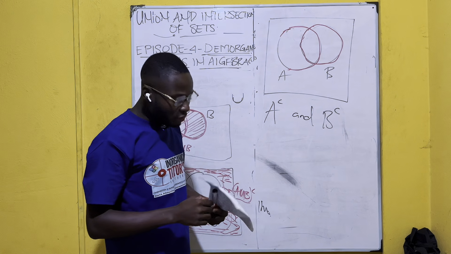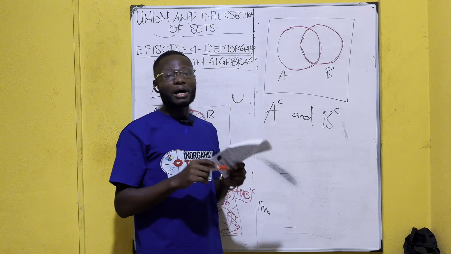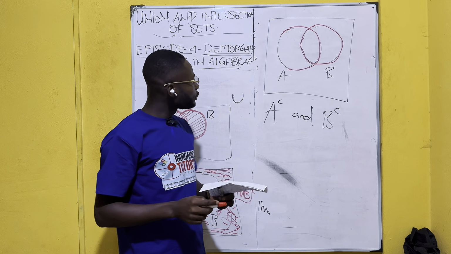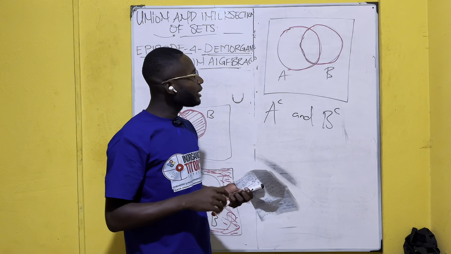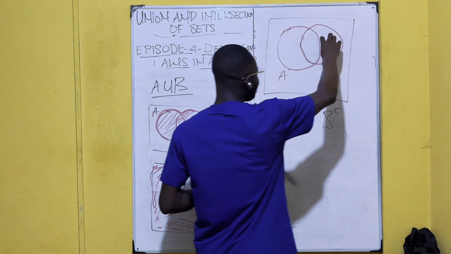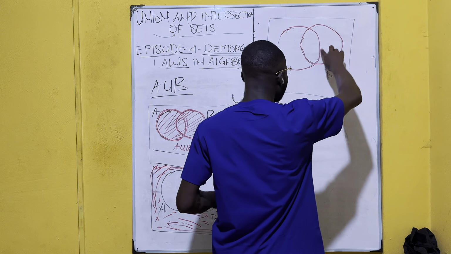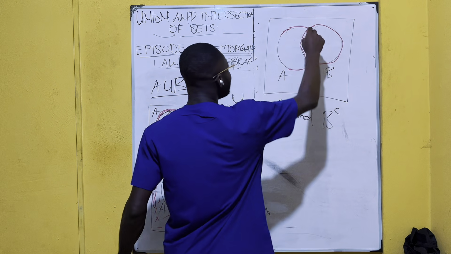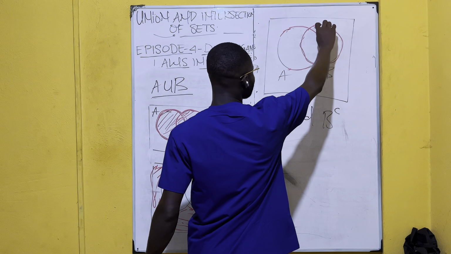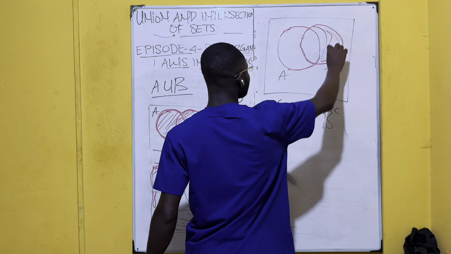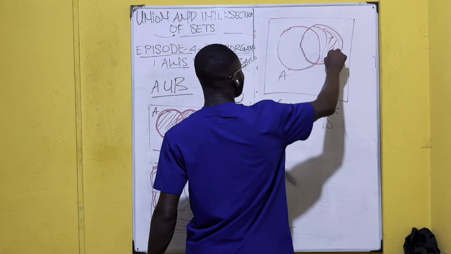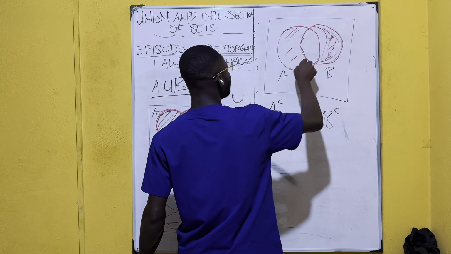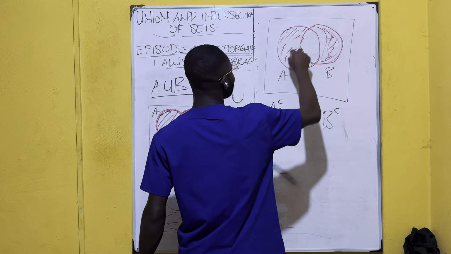Now, how do we know A complement and how do we know B complement? The complement of A will be this particular section. So the whole of this section is the A complement. The whole of this section is the B complement.